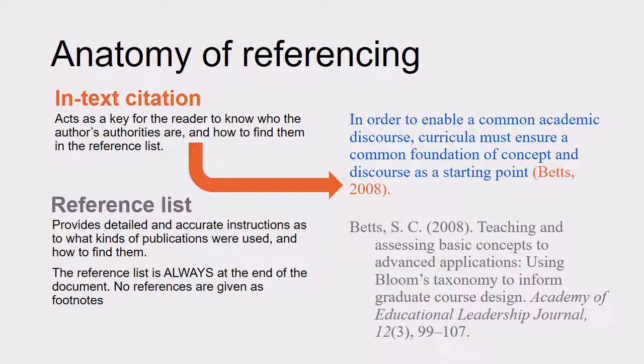So we've looked at the in-text citation. Let's look at the full picture, because we have got on the one hand a text citation, and on the other hand that has to then collate to something that gives us way more information and allows us to go to source, find that original reading and read it for ourselves.